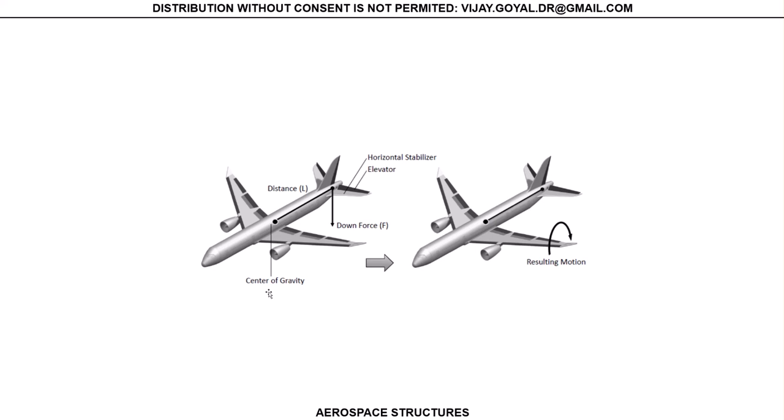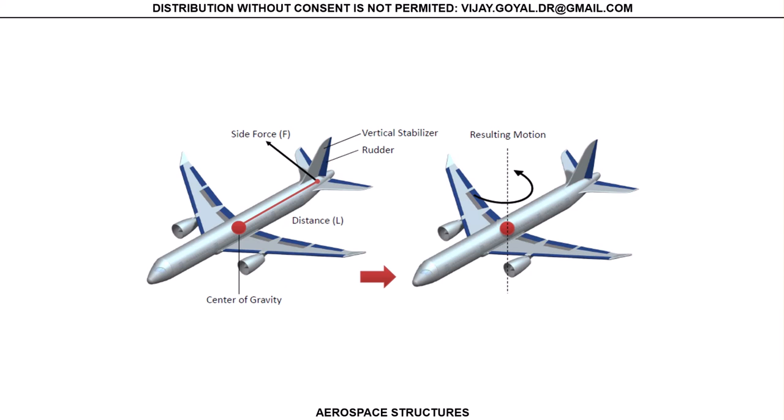And anytime you want to create a pitching motion, up and down, you need to create a force there, and that's done by the horizontal stabilizer or the elevator. Then here, you want a yaw motion, and that's created by the rudder.